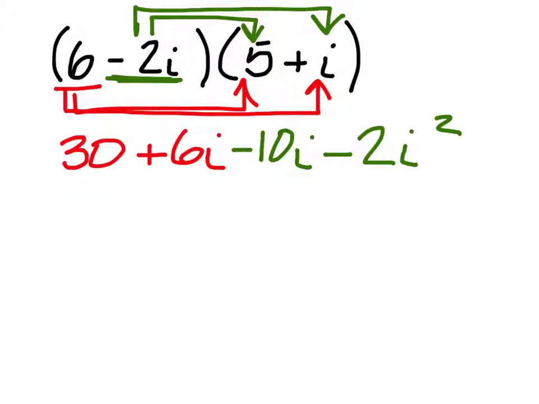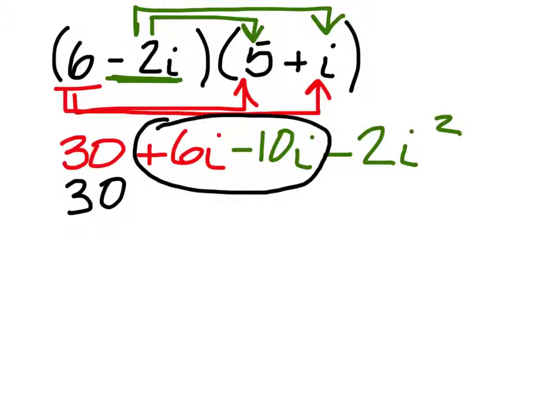Alright, so now we have to go back and simplify this. There's nothing you can do with the 30 right now. But we do have 6i minus 10i. What does that give us? Negative 4i, right. And then here on the back end, we have i squared, which is a negative 1. So that minus 2 times negative 1 gives me what?